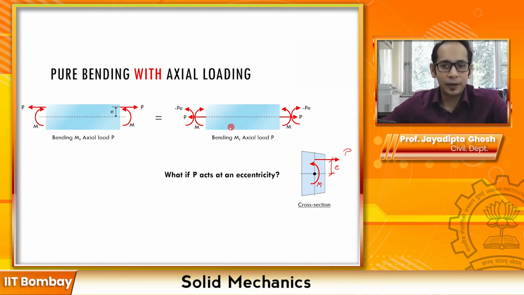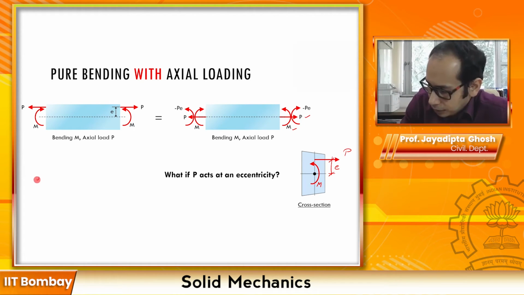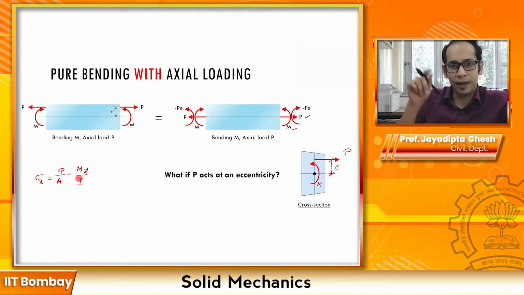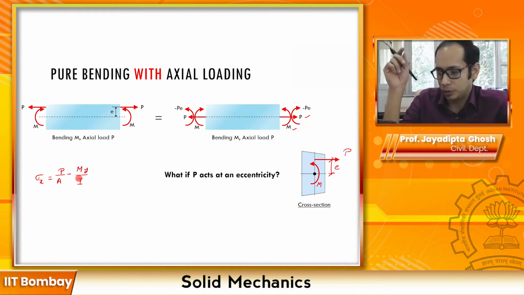So now that you have this one, how is the formula going to change? We have already seen what the formula is because of this P and because of this M in the previous page. So the revised formula is going to be P divided by A minus M y divided by I. Now in addition to that, I have this clockwise moment over here.